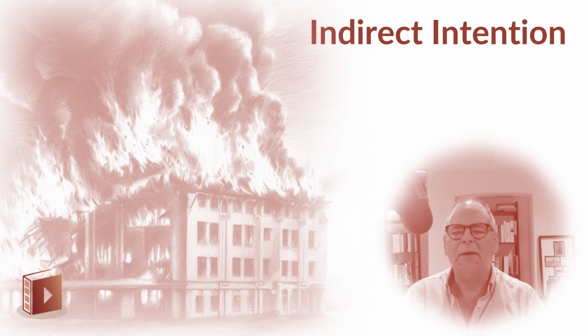Let's give you a little example here. Let's say I'm the landlord of this building, and I'm fully aware that some people are squatting in the building, but I'm in a bit of a financial strait, and so I decide that in order to claim the insurance on the building, I set fire to it. And the fire not only destroys the building, but also kills a number of the squatters who are unable to escape.